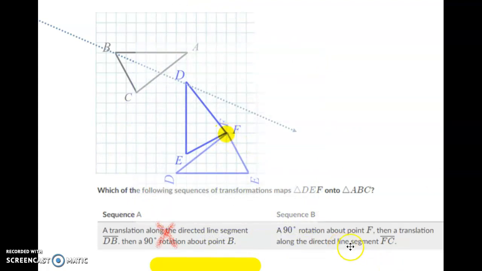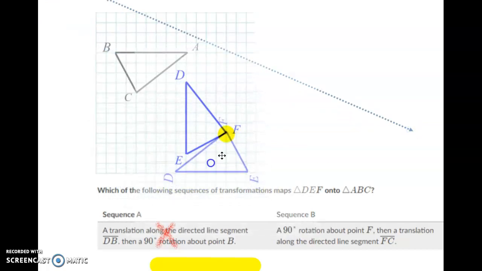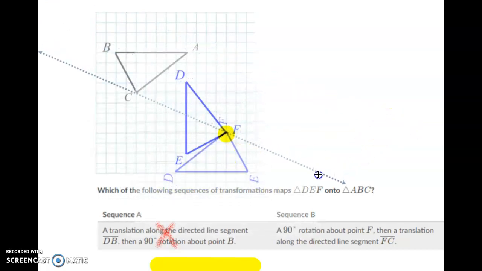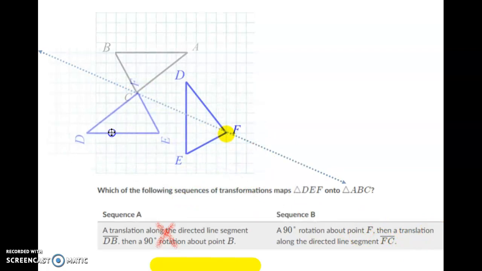And now what it wants us to do is translate it along line segment FC. I've got to grab this line here. F is here, and C is over here. So now I'm going to slide this, translation means to slide, along this line up to C. There.